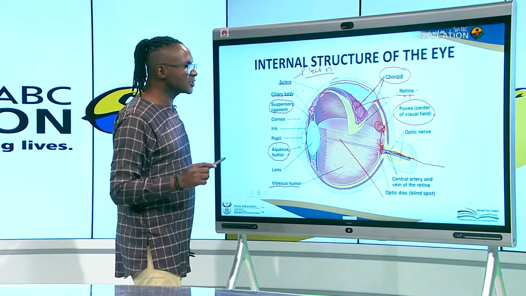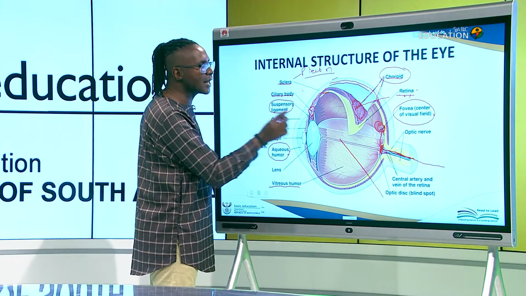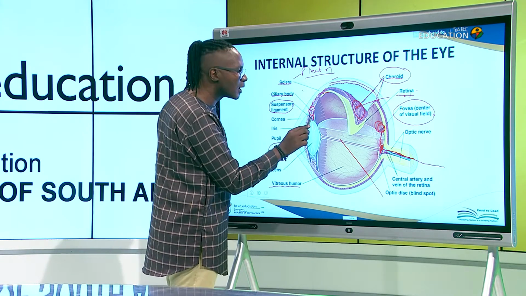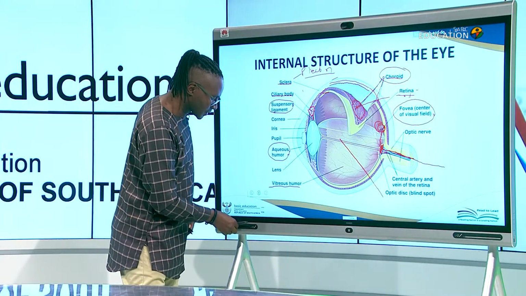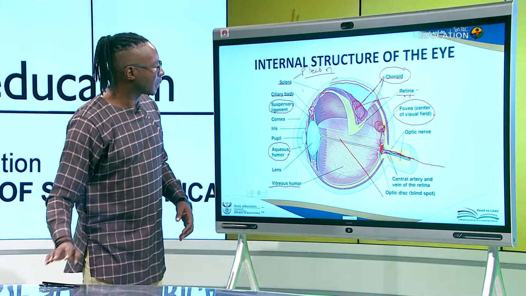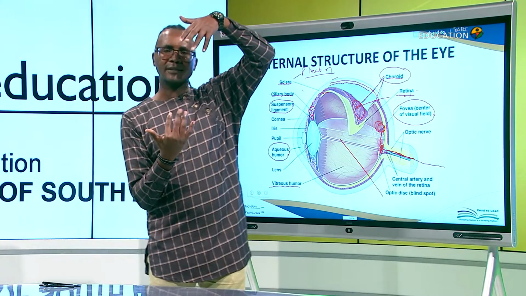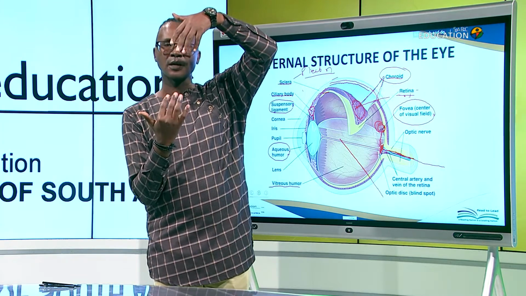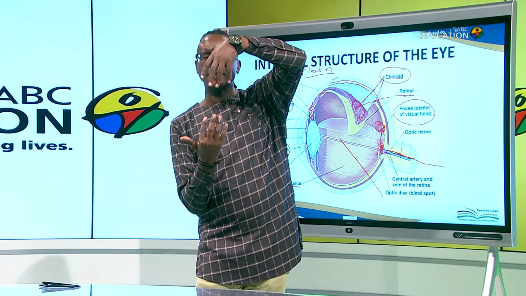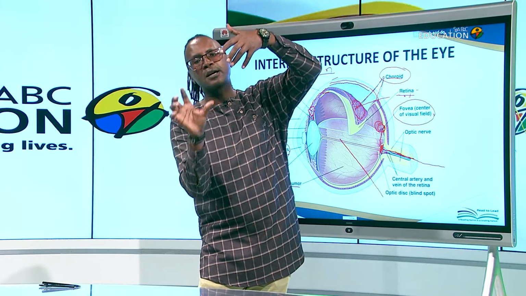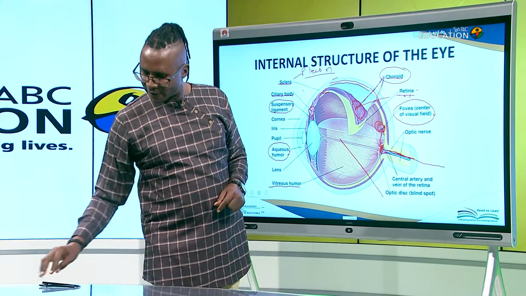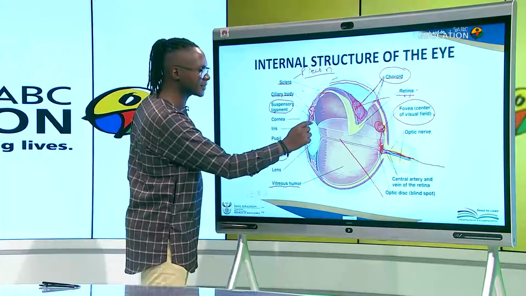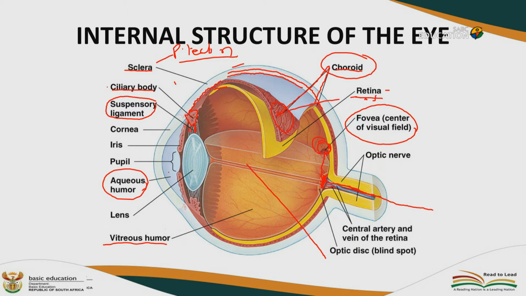So we made mention that we have the ciliary body and the suspensory ligaments. Suspensory ligaments, grade 12s, are like my fingers. And if it's like my fingers, that means there is something that they are holding in here. At that point, we call that the lens.